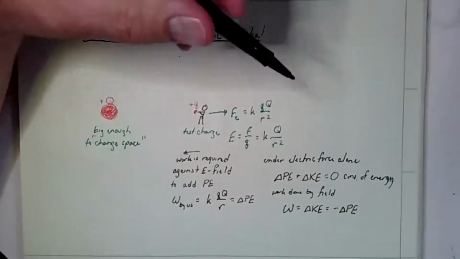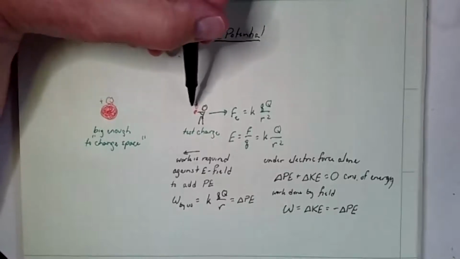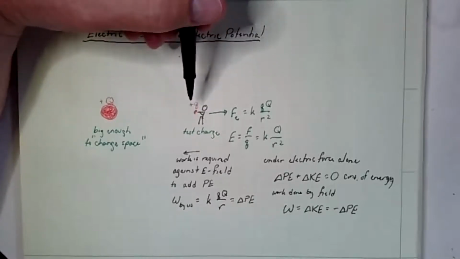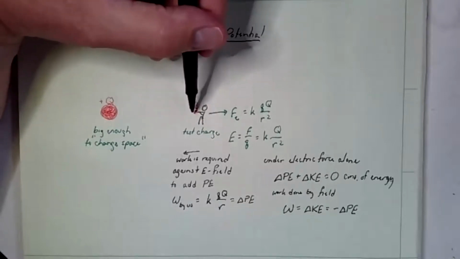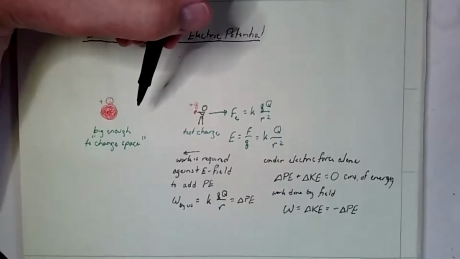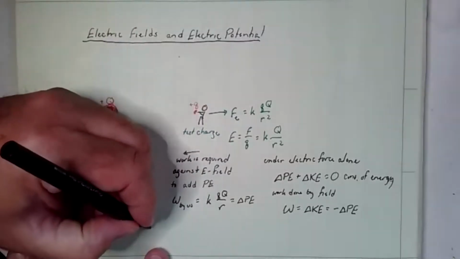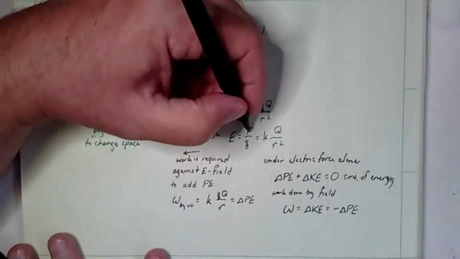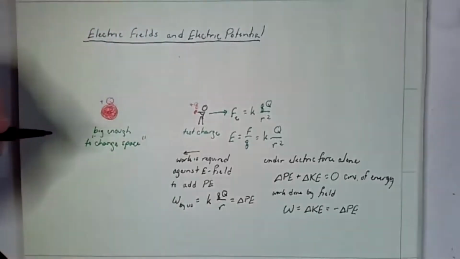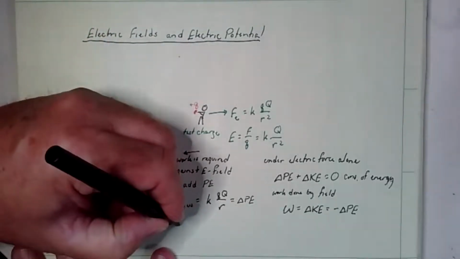Great. Okay, so we've talked about energy, but what about this idea of if our test charge is not there? This point in space still has properties that are different than other points in space. And so when we take a look at what a field means, the electric field, like we said, is force per unit charge. And then we also have the electric potential.